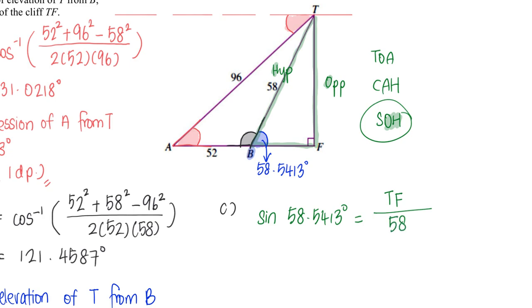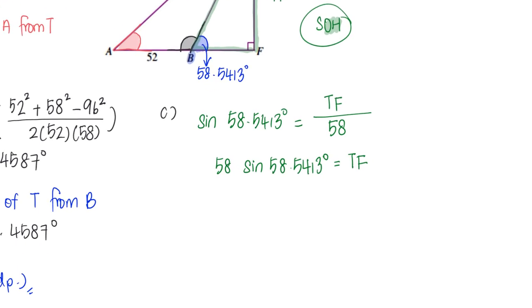And we just need to multiply 58 on both sides, and I will be able to get my answer for TF. So therefore, TF is simply equal to 49.475 to 5 significant figures. Final answer: 49.5 meters.